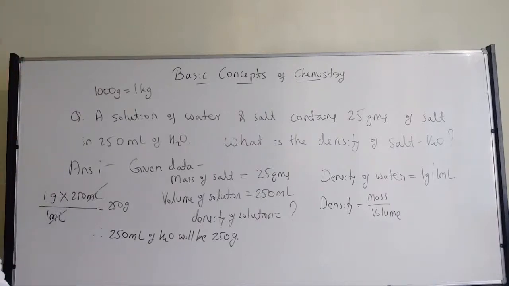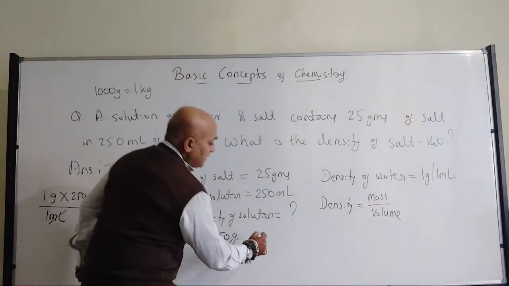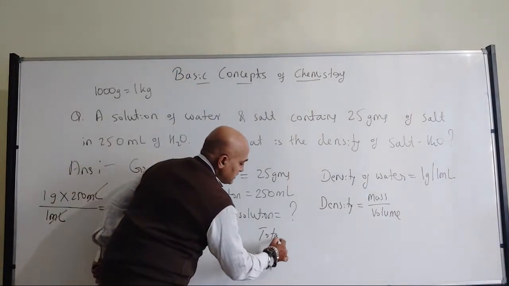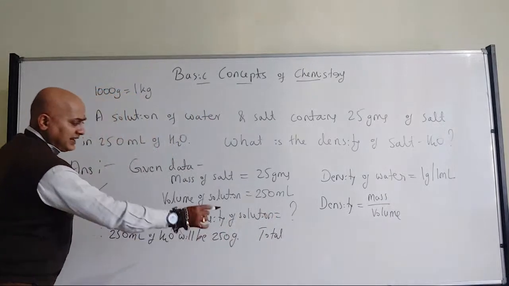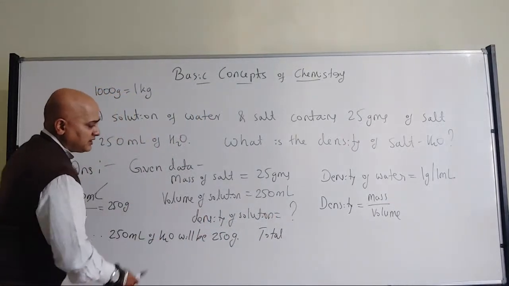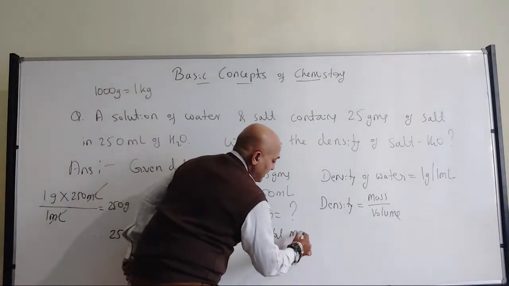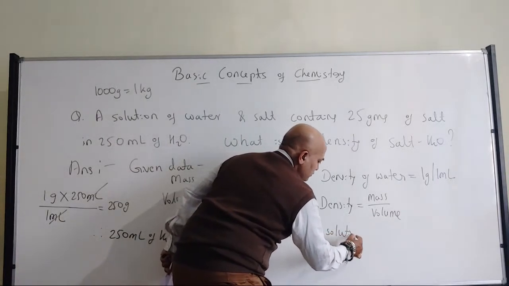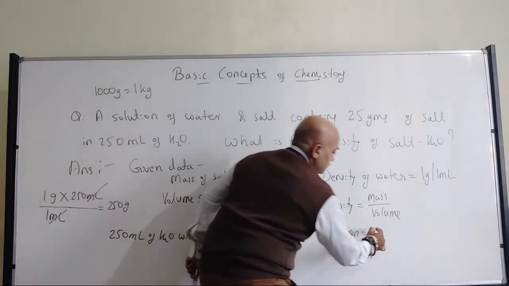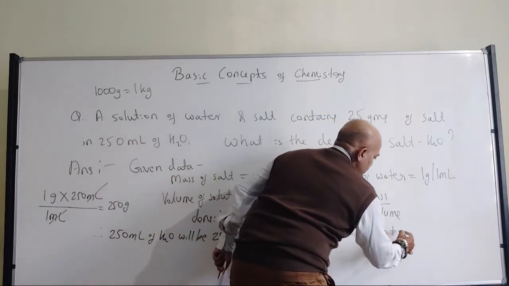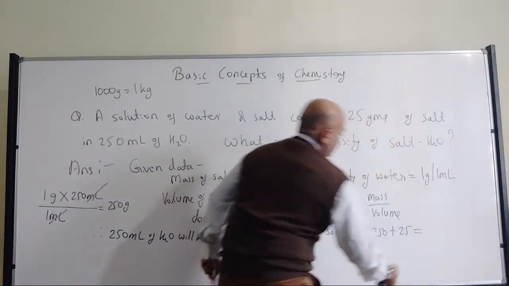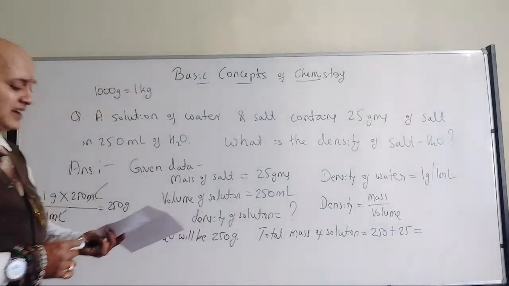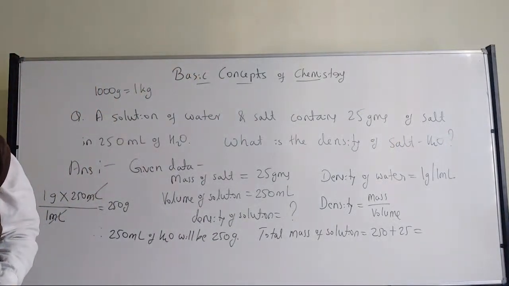Fine. Now we have to find the total mass of solution. Since there is no place, I am writing here only. You can write one below the other. So total mass of salt water solution will be 250 plus 25.